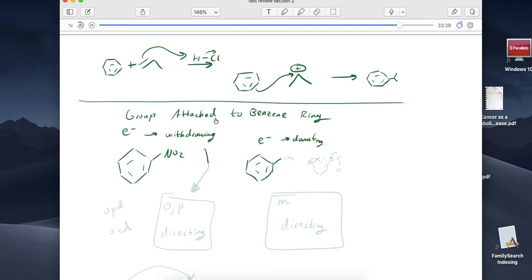Even with these groups attached, it still follows the same mechanism as the other steps in the electrophilic aromatic substitution. But when you've got an electron withdrawing group attached, it's meta-directing. Electron donating is ortho, para directing.